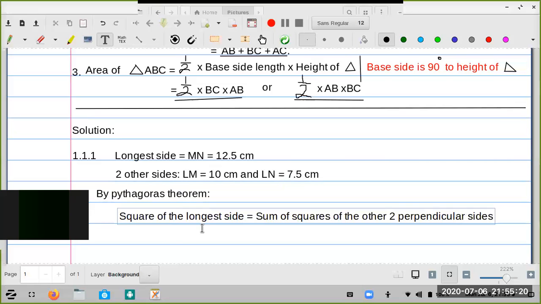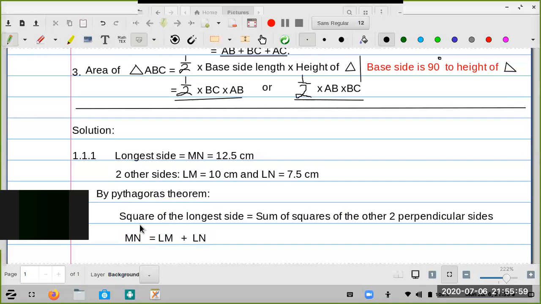Now, which one is my longest? Remember I said my longest is MN. So MN, I'll put the square later, is equal to the other two sides, LM squared plus LN squared. Remember we are supposed to be dealing with squares, so let me put the square before I forget.